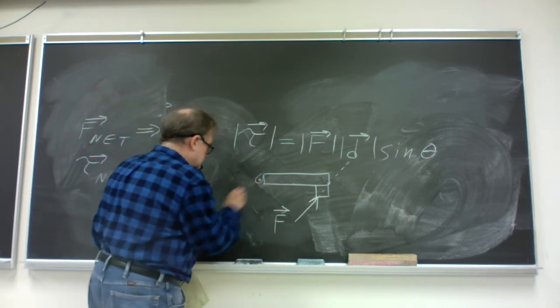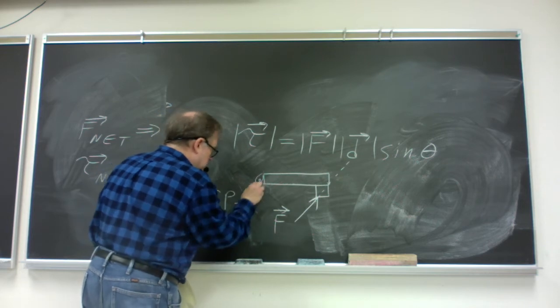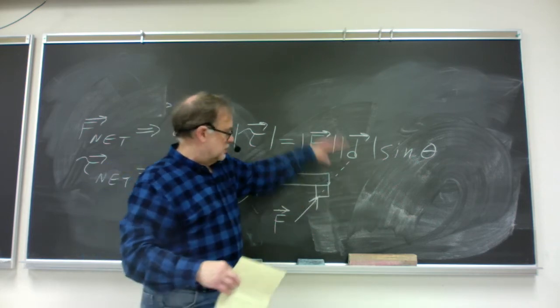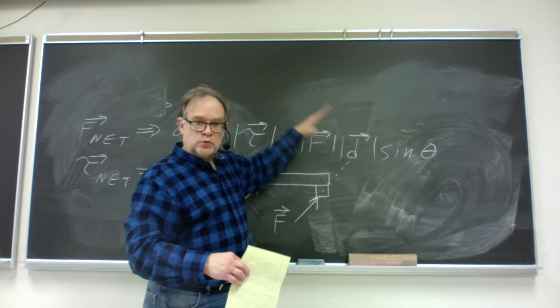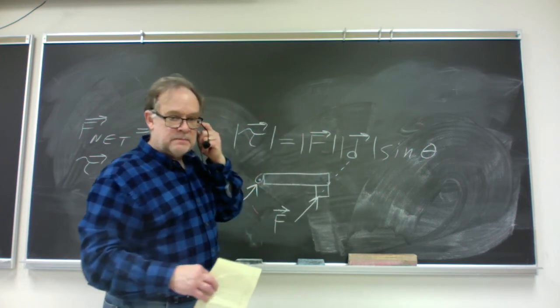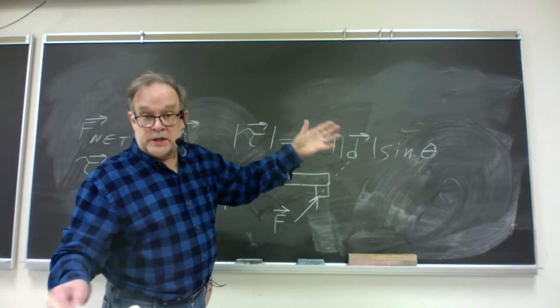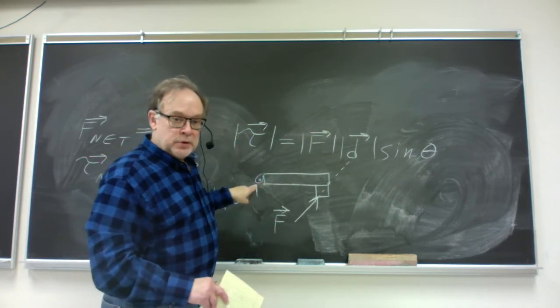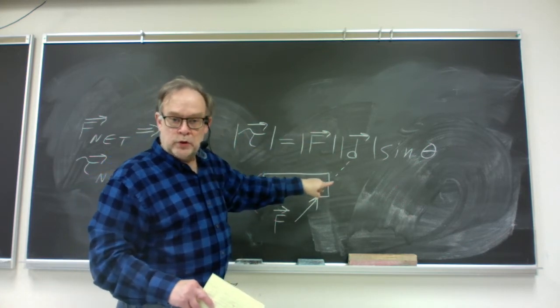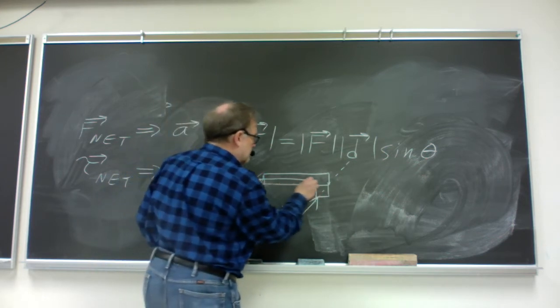So there's the reference point at the axis of rotation. The door, when it moves, will rotate about this axis. And then this displacement vector, remember the book calls it R, is a displacement from the reference point to the point where the force is applied.